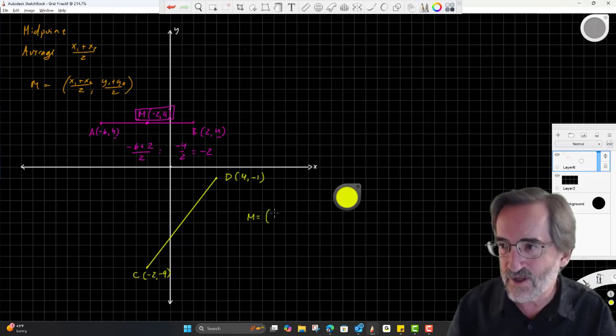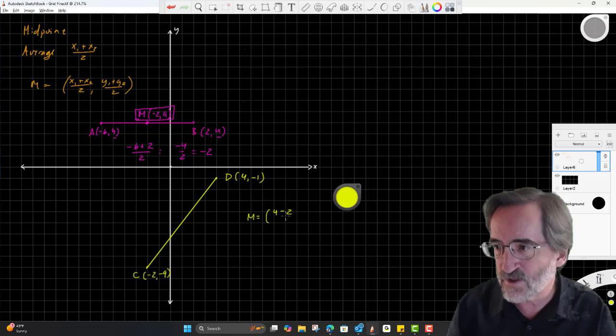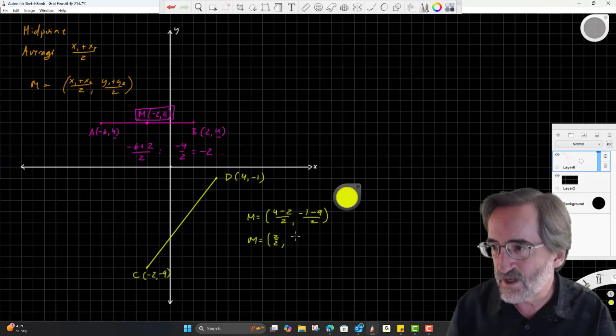So we're going to add the x's, 4 plus negative 2, which is 4 minus 2, and negative 1 plus negative 9, or negative 1 minus 9, divided by 2. The midpoint then is 4 minus 2, or 2 divided by 2. Okay, negative 1 minus 9 is negative 10 divided by 2. Midpoint is 1, negative 5.